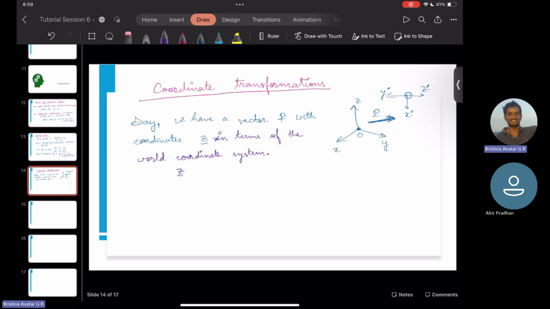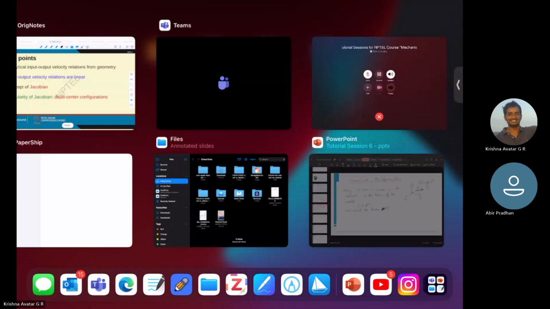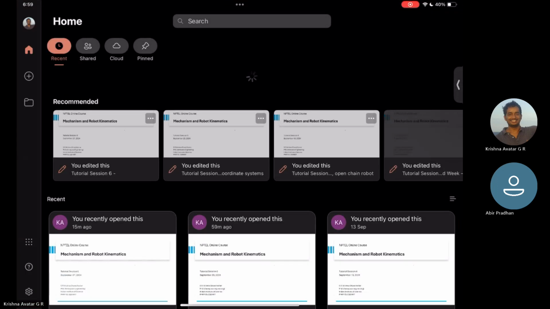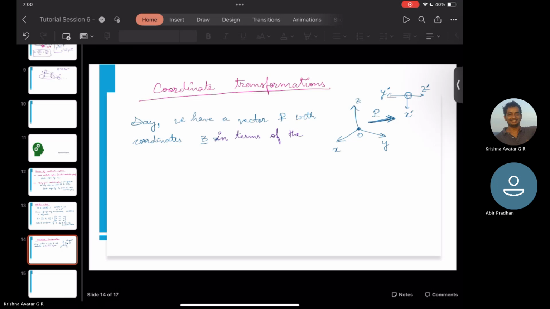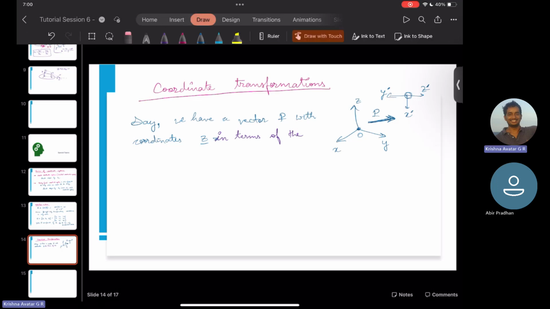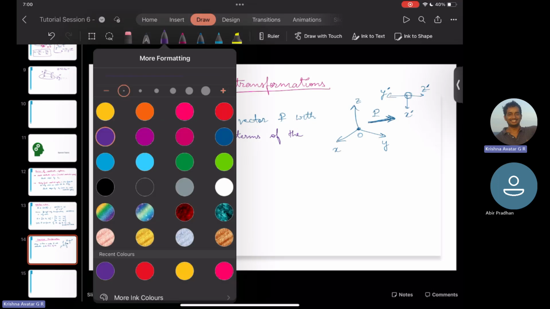Which means that Z vector is an element of R3. And say we want to know its description in terms of world coordinates, that's what I meant here.